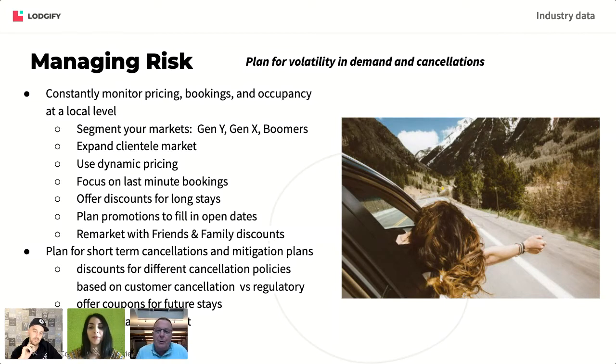So there's different ways to do that, because a lot of people will consider themselves not risk averse. Like if I book a place, I'm probably going to go there. But then when I get close, I might change my mind and cancel. But no one ever thinks about that a month ahead of time.